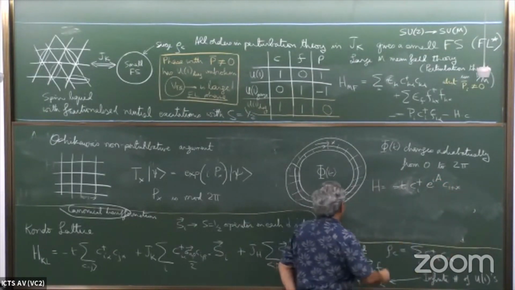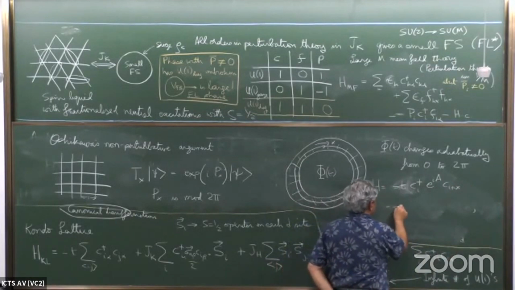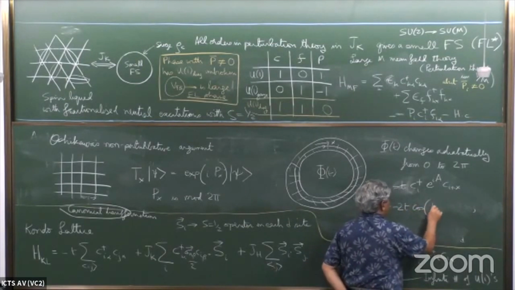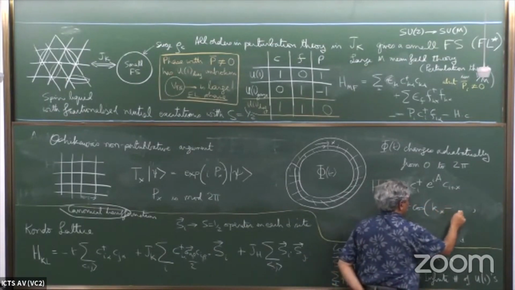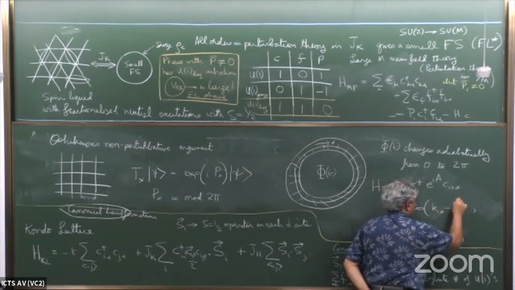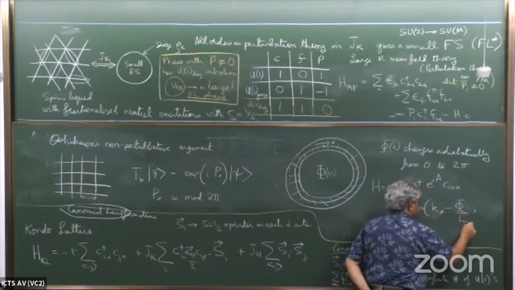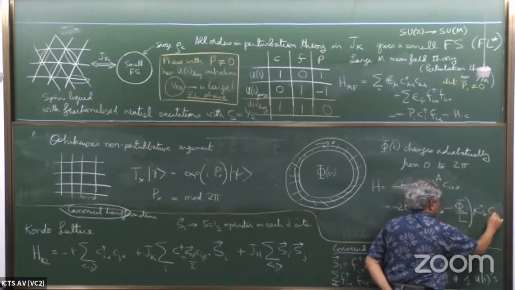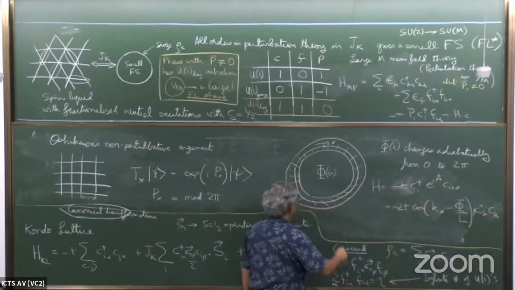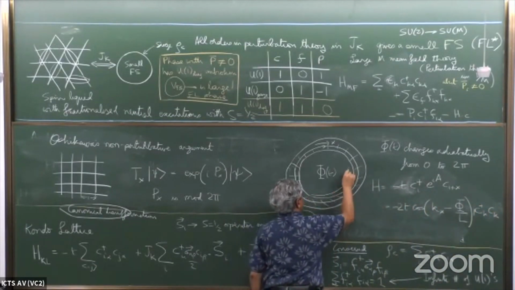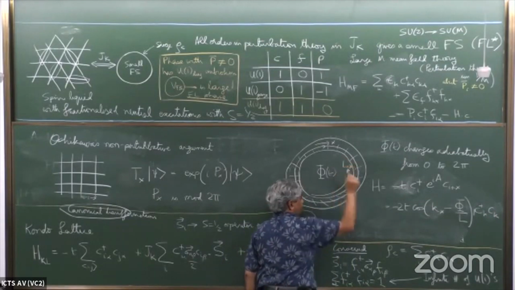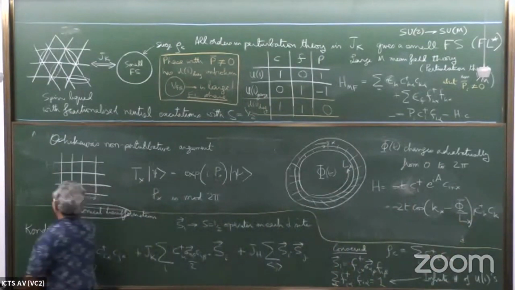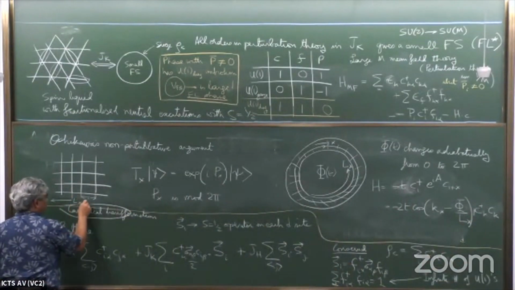So when you take a Fourier transform and put in the flux, it becomes minus 2t cosine of kx minus phi over L times c dagger k ck, where L is this length here. Let me call it Lx. So it's this periodic boundary condition, it's Lx.